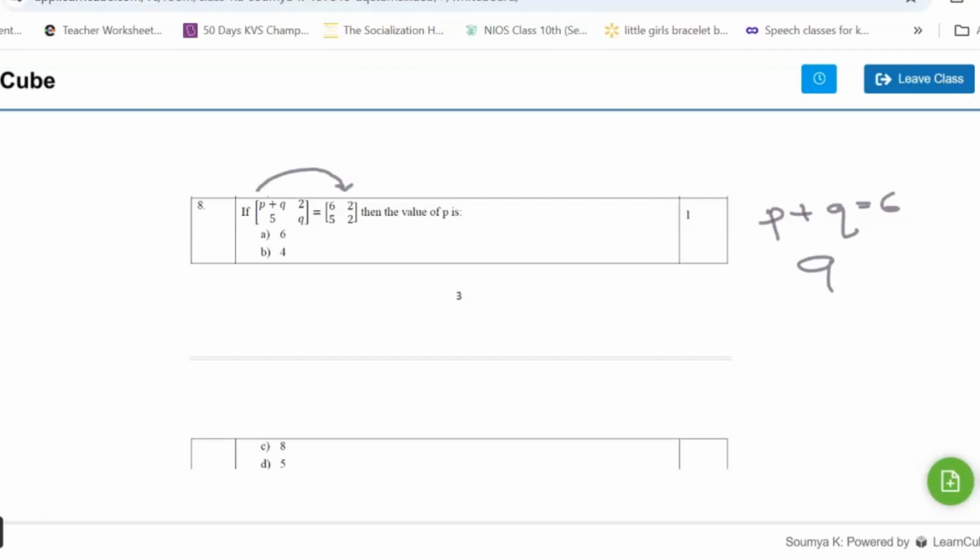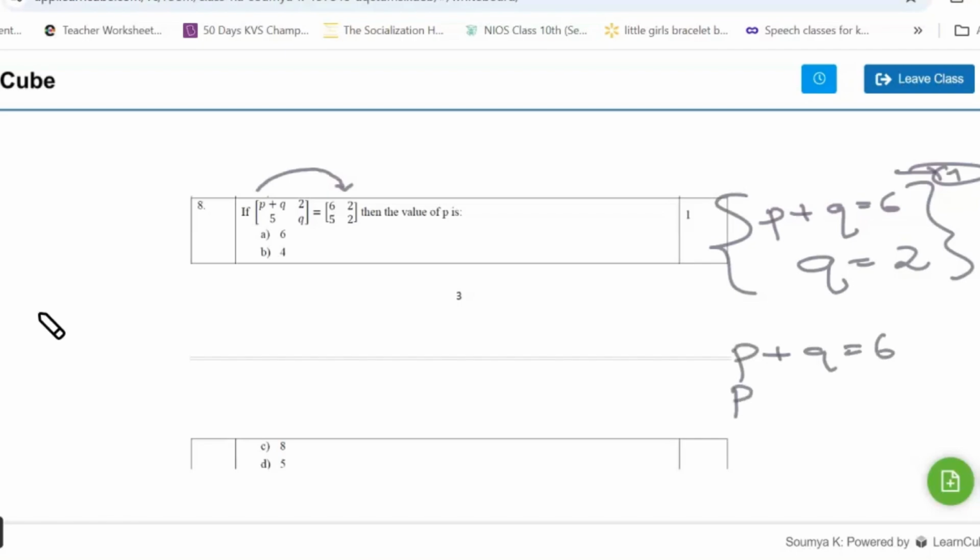Then comes Q is equal to 2. These are the two things we can find from the given equation. So Q is 2. Substitute in the first equation. So when you substitute in the first equation, P plus Q is equal to 6, P plus 2 is equal to 6, and P becomes 6 minus 2, that is 4. So value of P should be 4, and B is the correct answer for this.